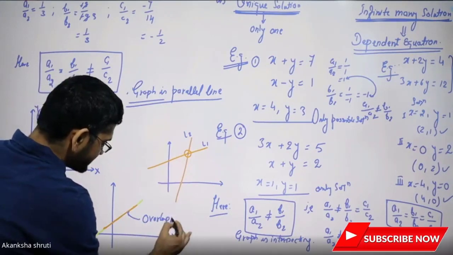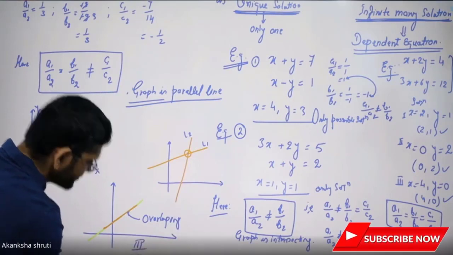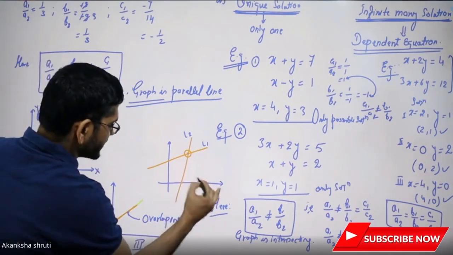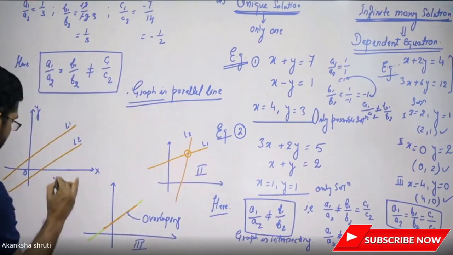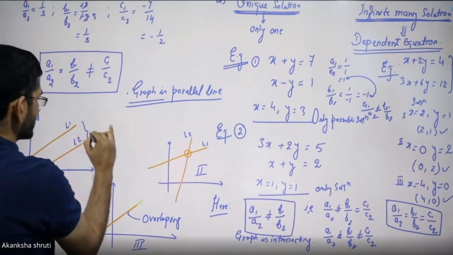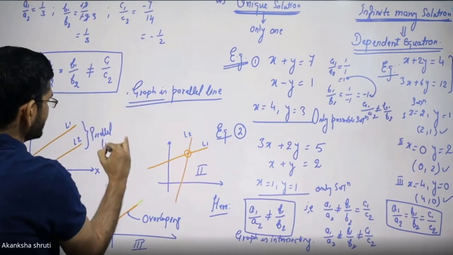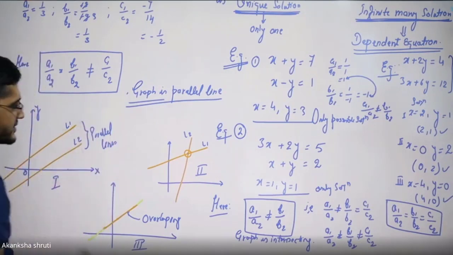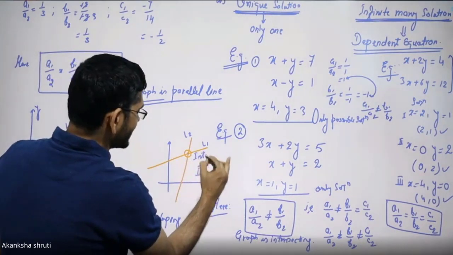Overlapping. So this is for the third situation. This we had drawn was for the second situation. This was for our first situation. So in the first situation, we have obtained the parallel lines. In the second situation, we have obtained these intersecting lines.